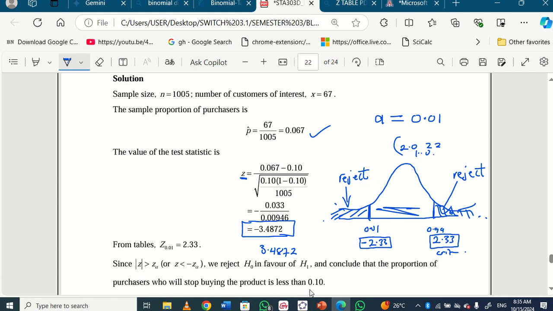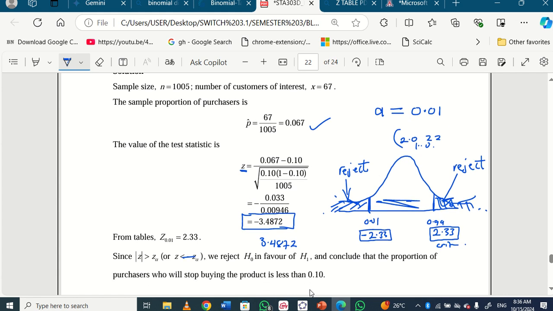But the calculated z value, its absolute value, falls beyond the critical value, to the left or to the right, and that means that we have to reject the null hypothesis.